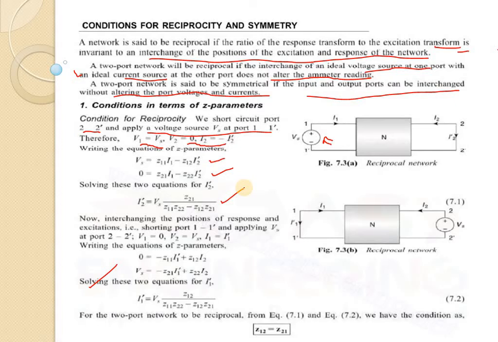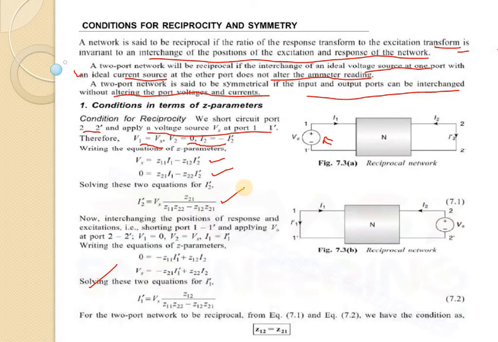Doing the same for the opposite terminals, the equations become different. Now the voltage at the input terminal is 0 and at the output terminal it is Vs. The input terminal current is in the opposite direction, so it is minus I1 dash, and at the output terminal it is positive I2.